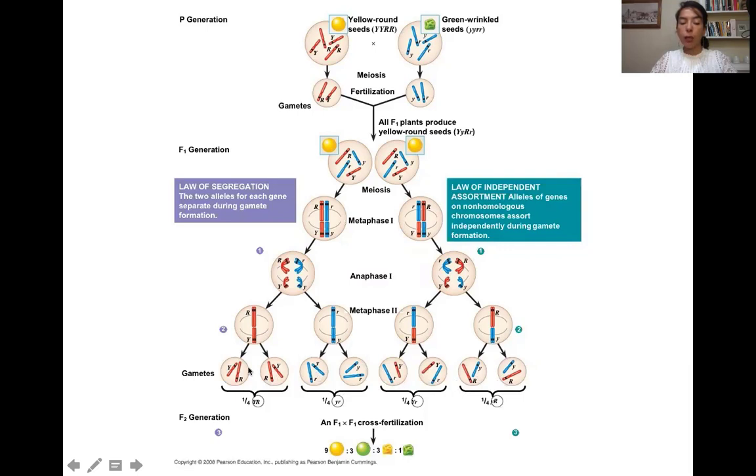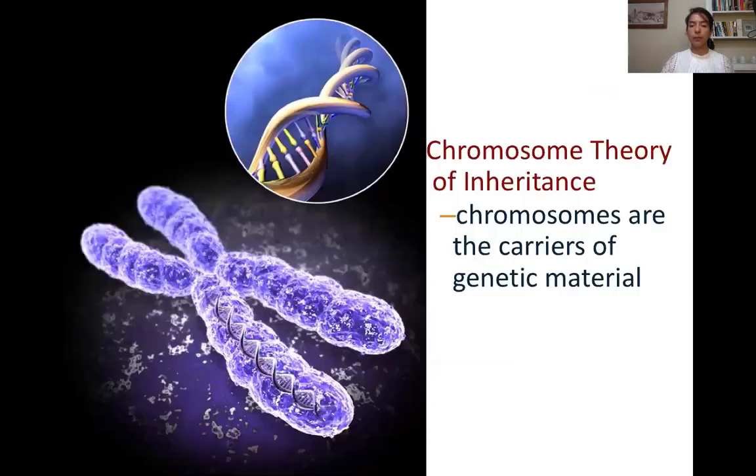If we cross these, the result, the F2 generation, is going to provide this ratio of 9 yellow, smooth individuals per 3 green, smooth, per 3 yellow wrinkled, and 1 green wrinkled.